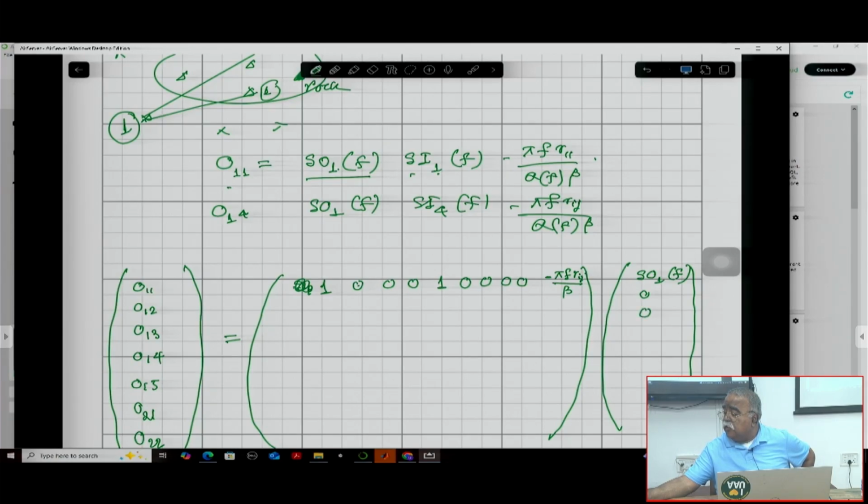So these are all 4 zeros, 1, 2, 3, 4, okay? And then we have recorded the first site, 1F, and after that there are 4 records, 0, and then the last one will be the QF into B. So this is your QF minus 1, right?